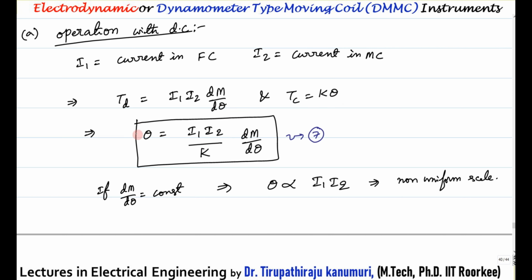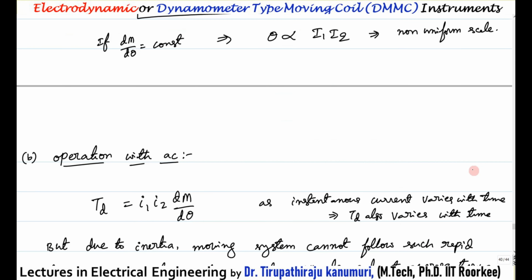So we can write the deflection theta equal to I1 I2 by K into dm by d theta, where dm by d theta is the rate of change of mutual inductance with the change in the angle. If I take it as nearly constant, theta is proportional to the product of the two currents. If the two currents are the same, it becomes the square of the current. So we can say that the scale will be non-uniform in this type of instrument.